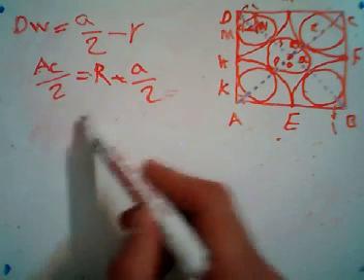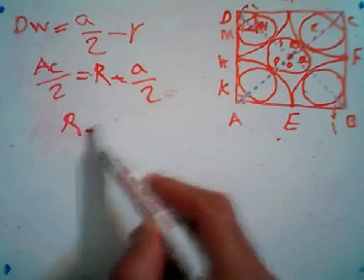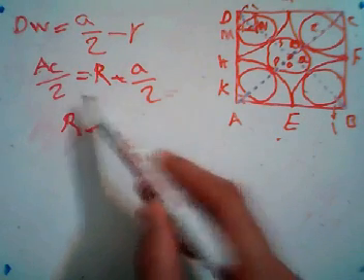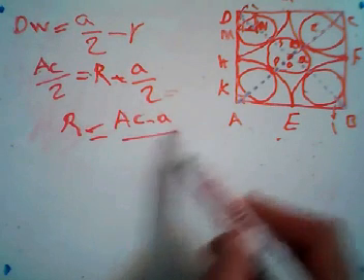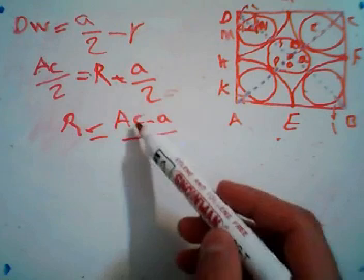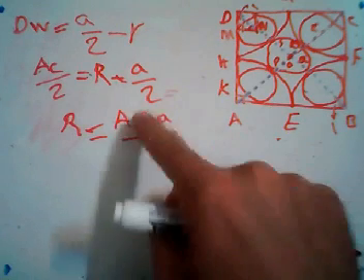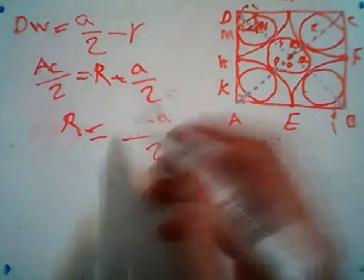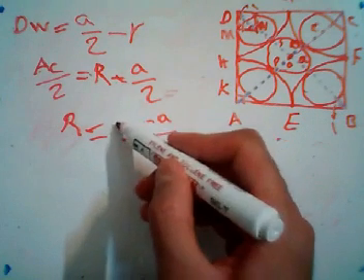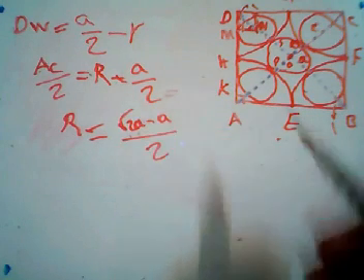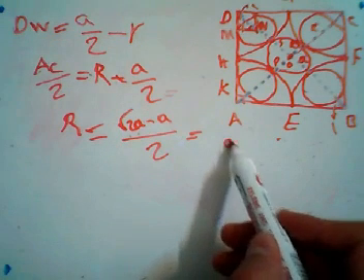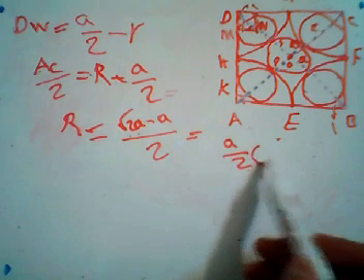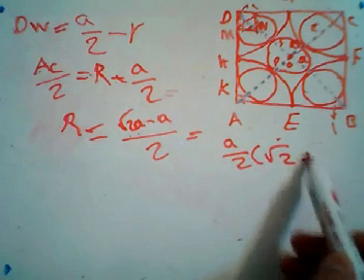So R would be AC minus A half, and AC was the square root of 2 times A, or we could write it as A half times this.